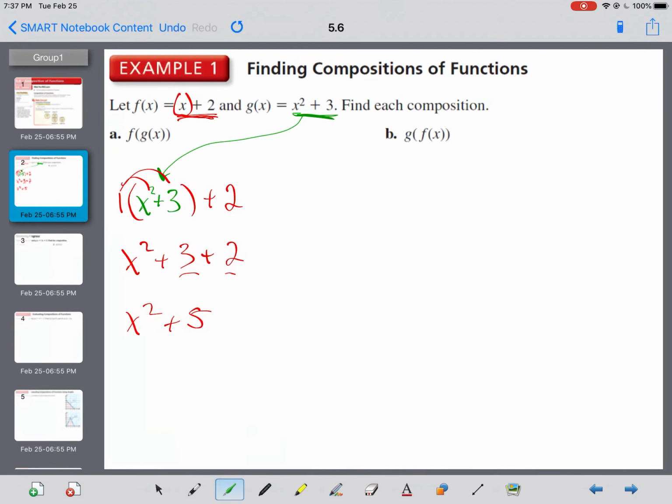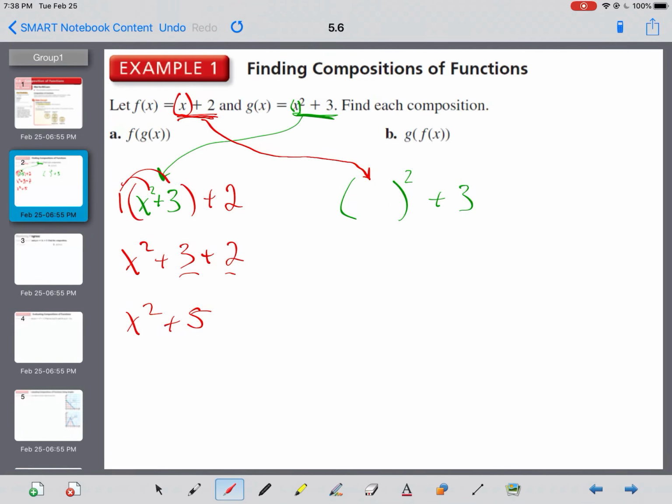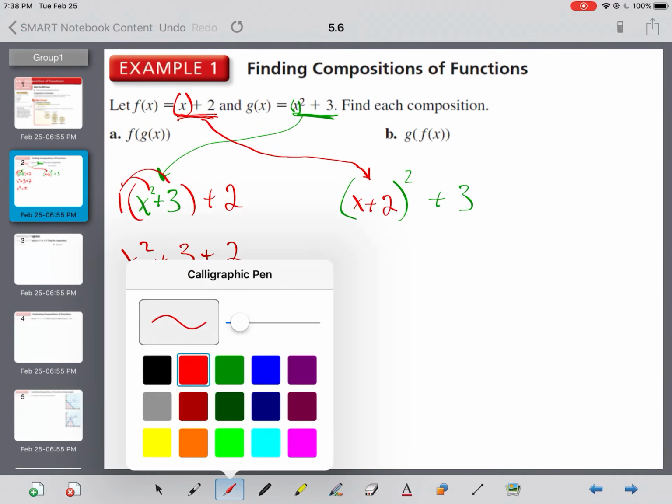Now that goes differently whenever we go with g of f of x. We're going to plug f into g this time. So here, what I like to do is put a parenthesis really close to the x, nothing separating the x and the parentheses. The squared is out. Anything with numbers in front, just where the x is. So I've got some number squared plus 3. And that number is f of x. I'm going to plug in x plus 2.